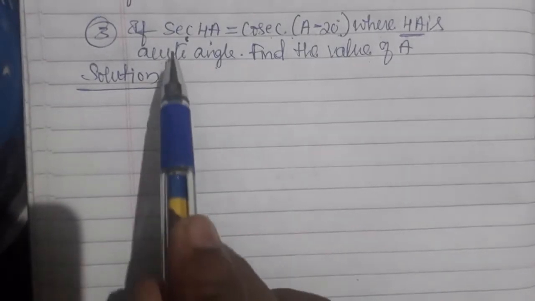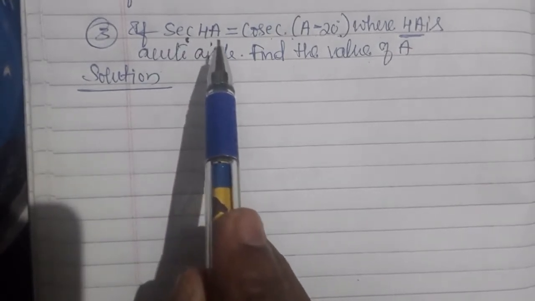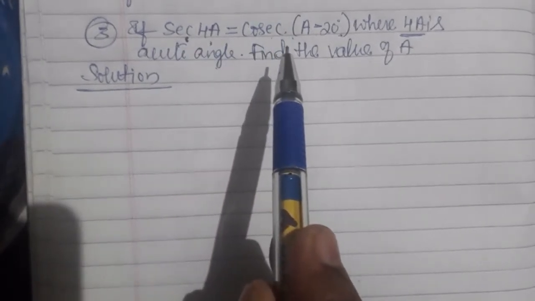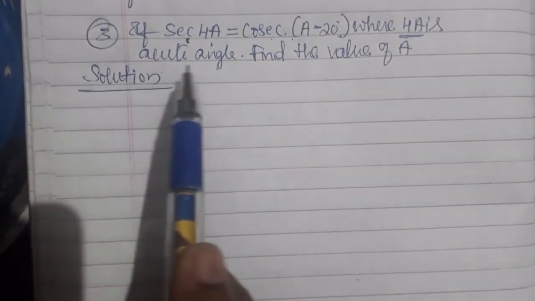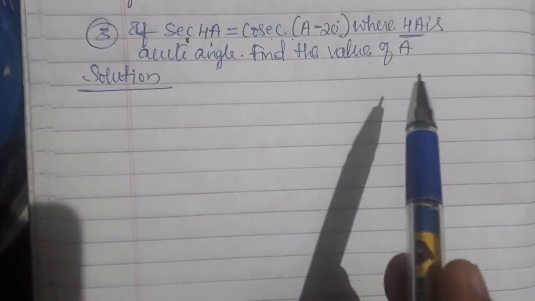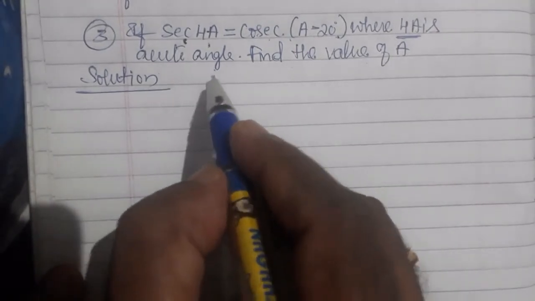The next sum. If secant 4A is equal to cosecant A minus 20, where 4A is an acute angle, find the value of A. I will be using this ratio.